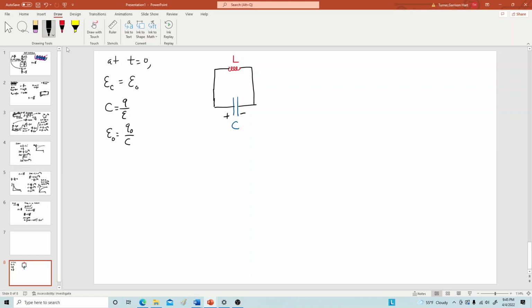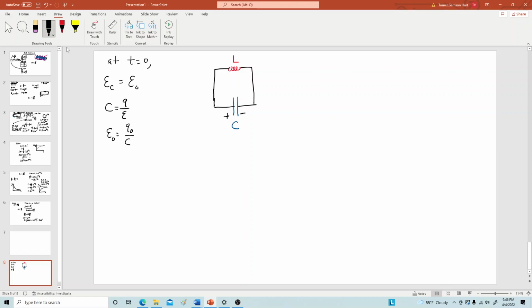But as the current flows through the inductor, the inductor will create a back EMF, and that back EMF will oppose the direction of the newly established current, and it will then work to drive the charge back to its original configuration.